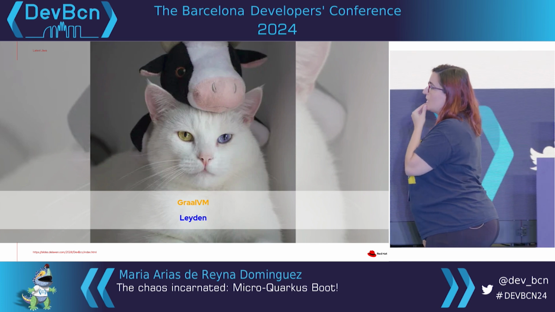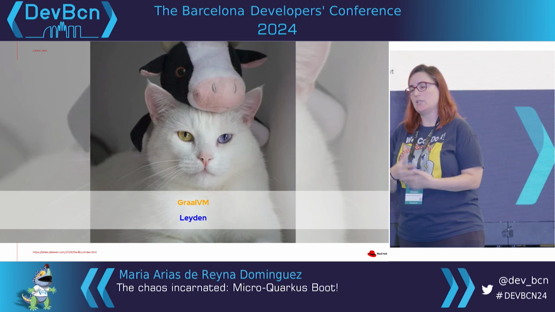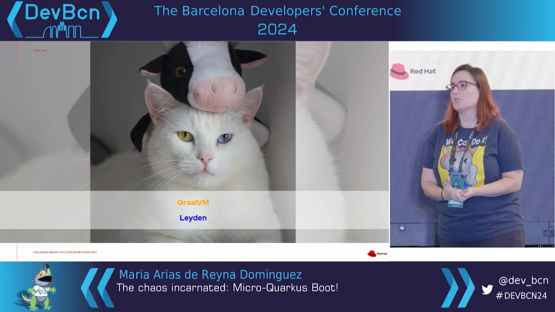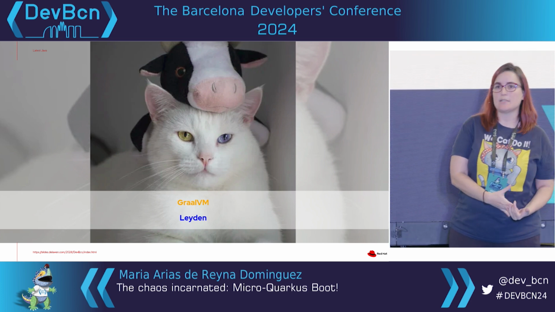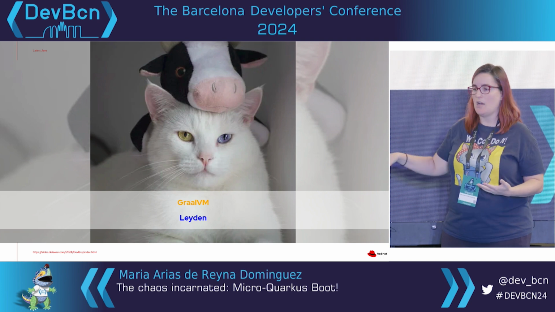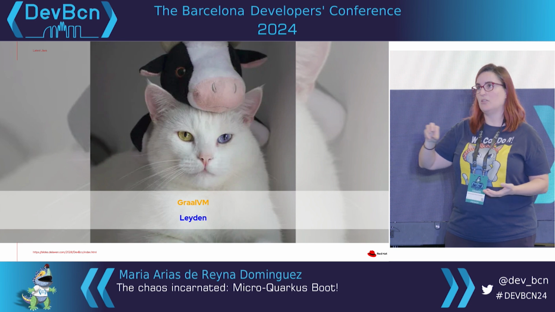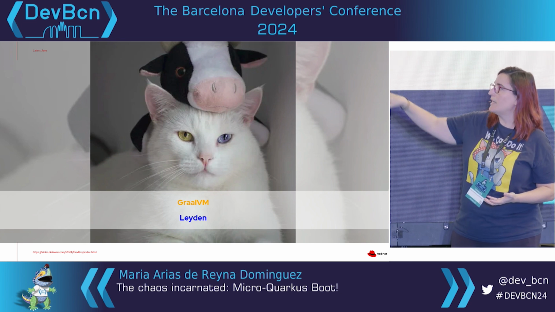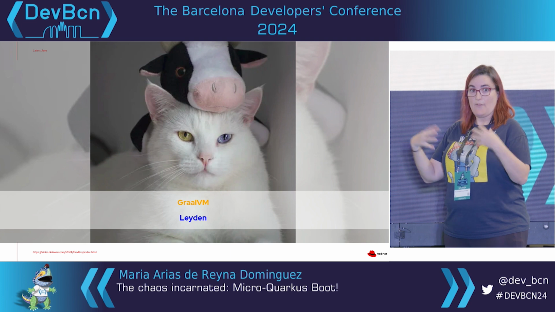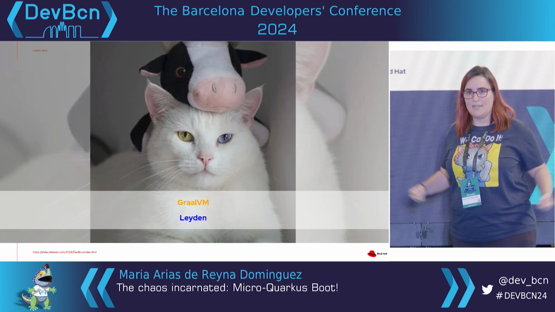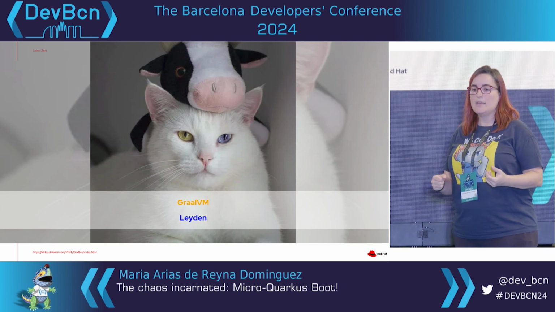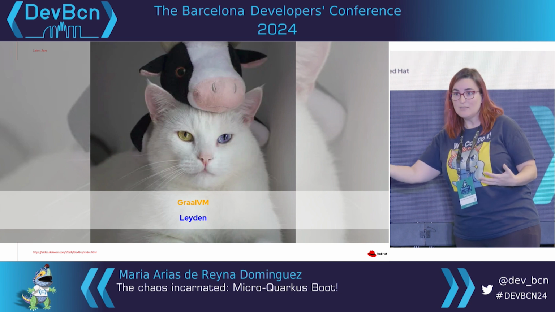And the problem is that this closed world assumption is not true for everyone, because you assume that you have at build time all the information you need. That doesn't always happen. So if you're interested in this kind of stuff, but not with a closed world assumption, there is Project Leyden in the vanilla OpenJDK ecosystem that is trying to do something similar.